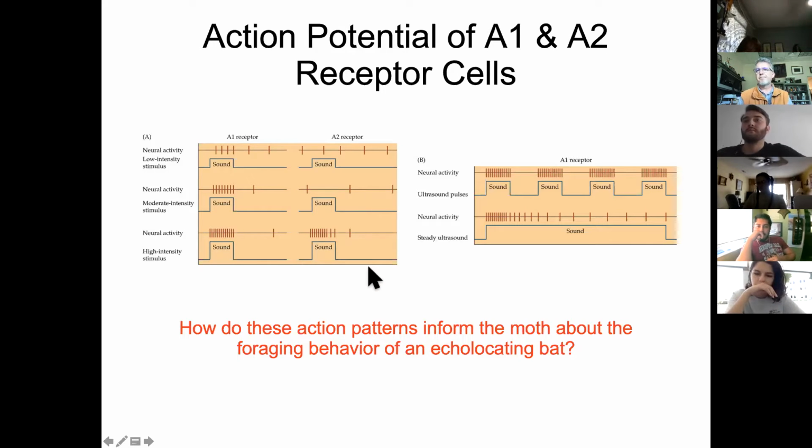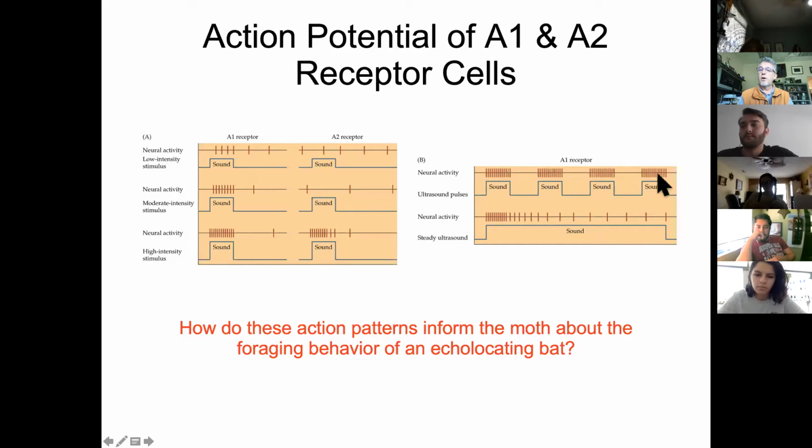In addition, the A1 receptor shows a pathway by which, when it hears an ultrasonic pulse, it will produce a lot of action potentials. And then when there is a trough and it hears another high intensity pulse, it produces a lot of action potentials. A trough, nothing. A pulse, a lot of action potentials.